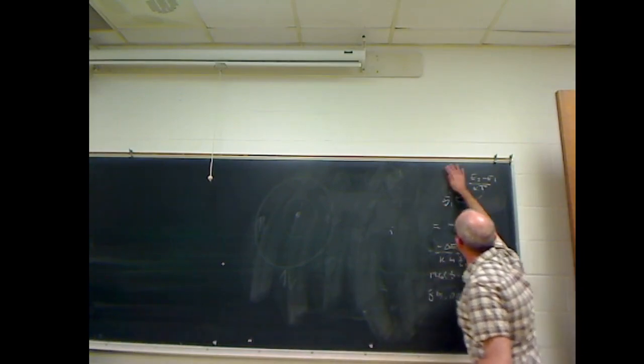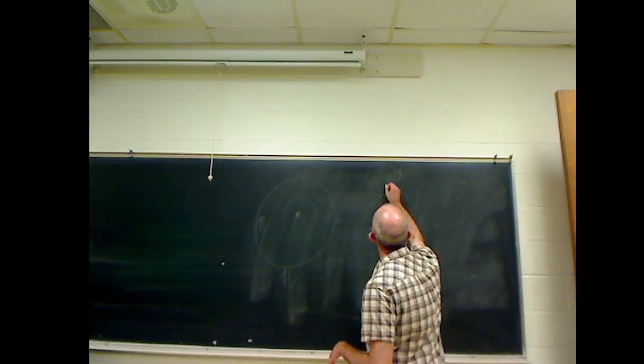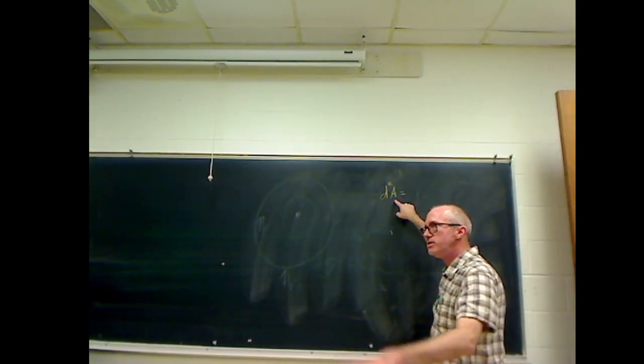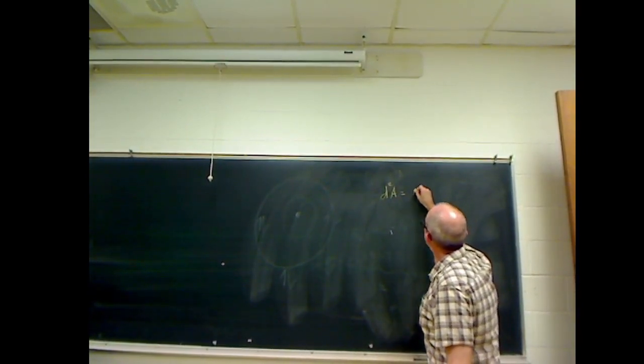So this is largely a calculus stunt. dA, and I like to write this as d squared A because it makes more sense to me. This is the area element in 2 dimensions, just the polar area element, r dr d theta.